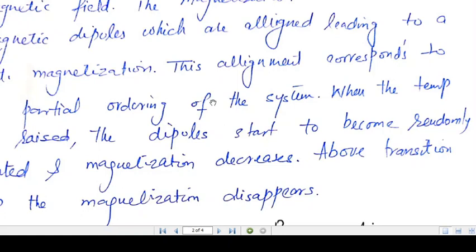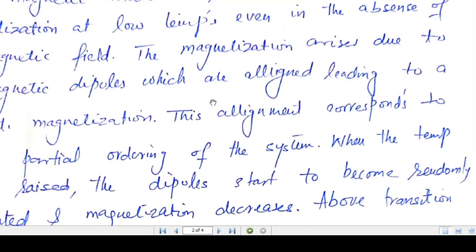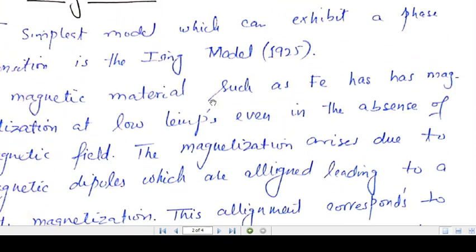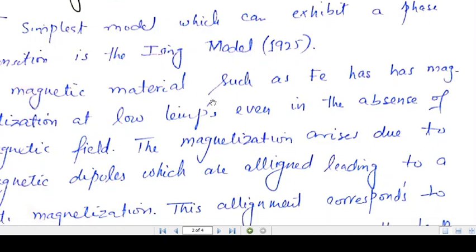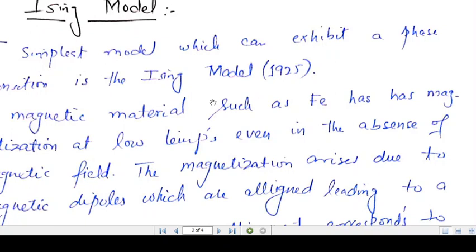So basically, this model predicts the phase transition in the case of magnetic materials. There are different types of Ising model. The Ising model was first given for a one-dimensional array of atoms, and then it was given for two and three-dimensional arrays of atoms.